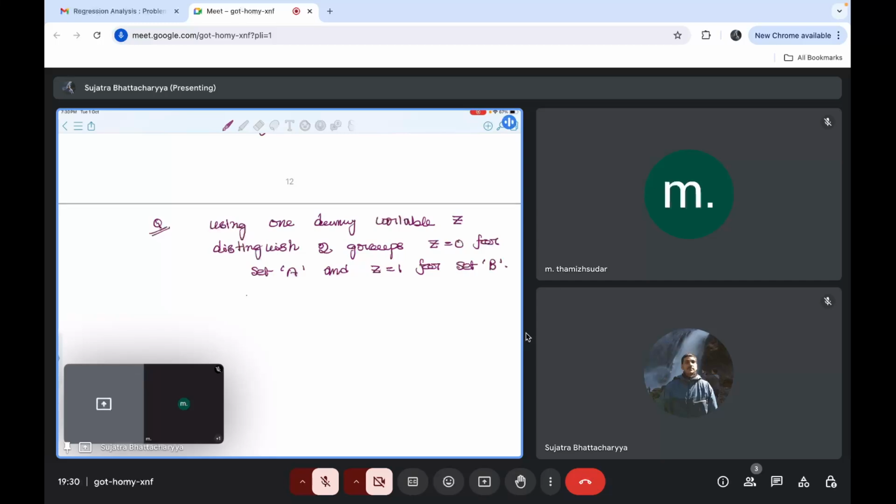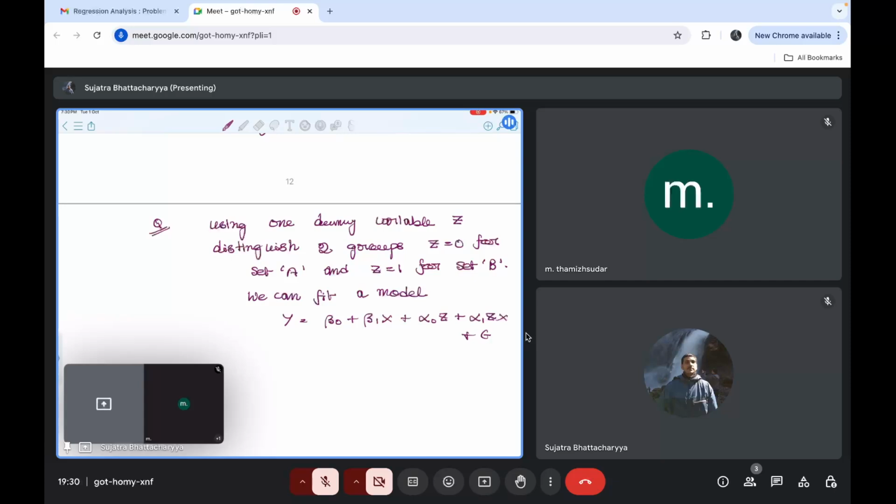Now we can fit a model as given: y is equal to beta naught plus beta 1 x plus alpha naught z plus alpha 1 zx plus epsilon. You can see that this is the generalized model they have used.